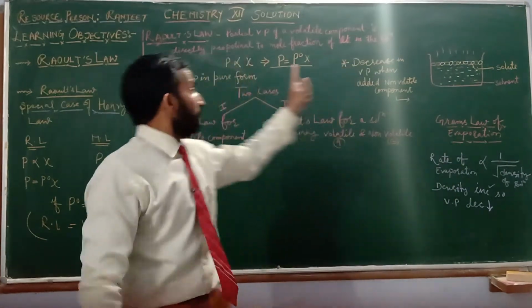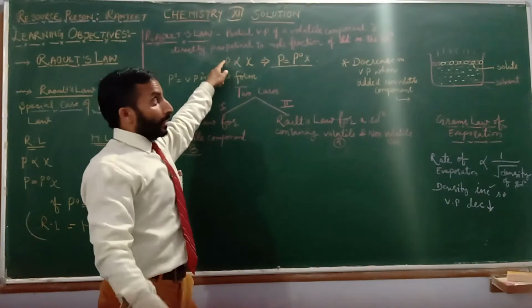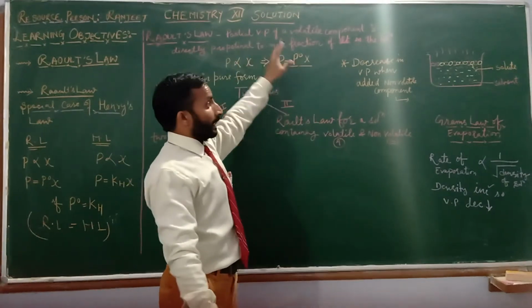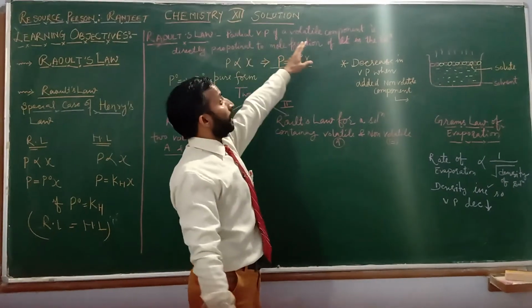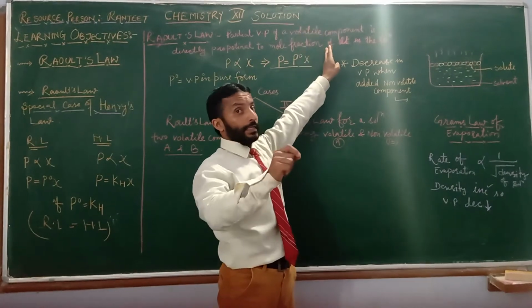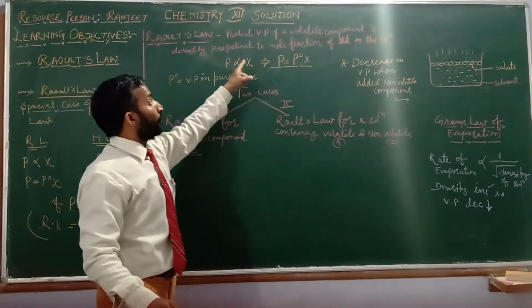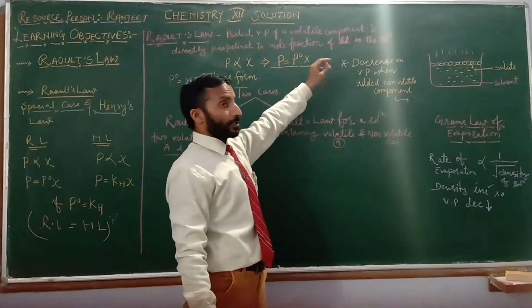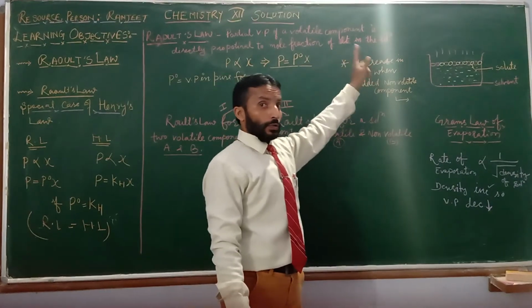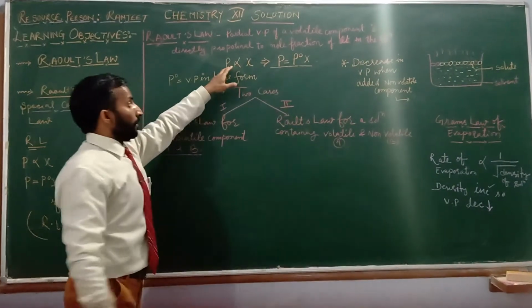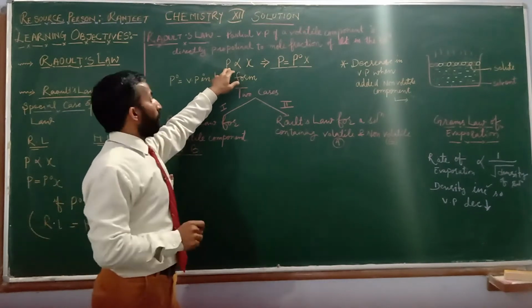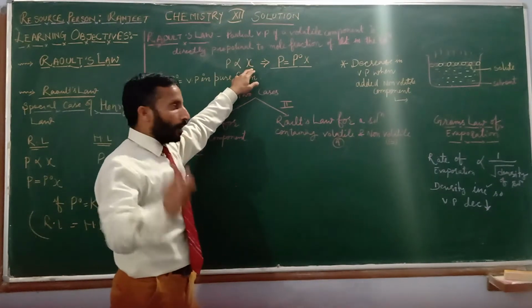So first let us come to what is Raoult's law. Raoult's law says that the partial vapor pressure of a volatile component is directly proportional to its mole fraction in that particular solution. P is for the partial vapor pressure, X is for the mole fraction.